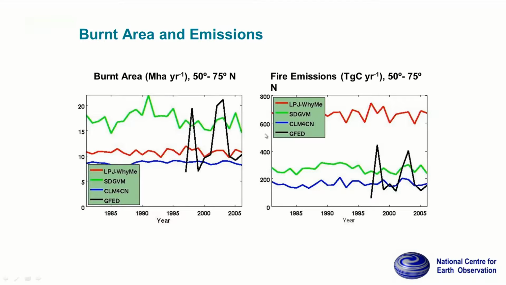Okay. Now, I'm not going to talk about it, but this on the left-hand side is burnt area, on the right-hand side is emissions. There seem to be anomalies because the order of the models changes position, but it's too much to explain. However, it turns out there's a neat way to make the fire models within these things produce that sporadic, spatially and temporally spiky behavior that you see in the data.